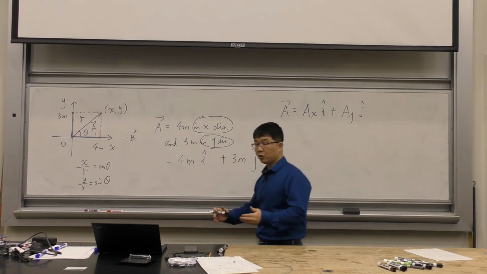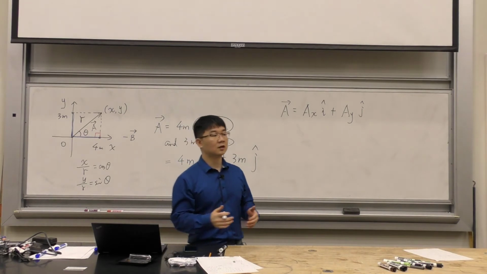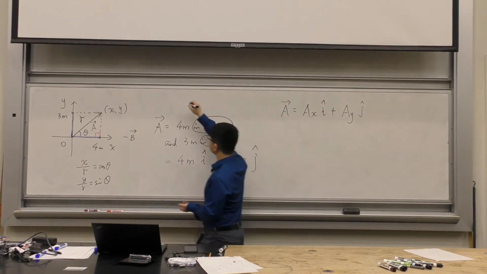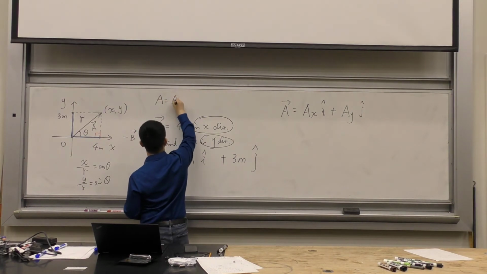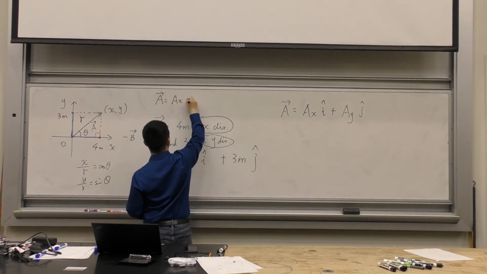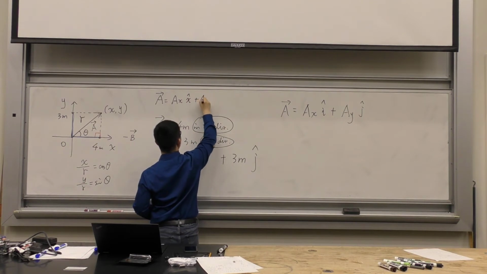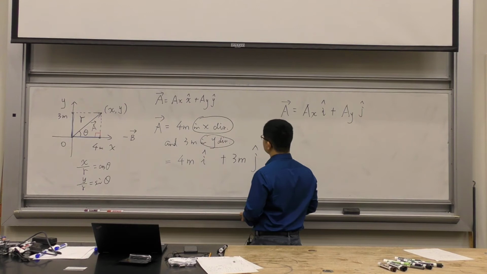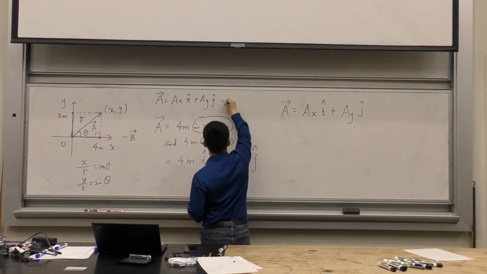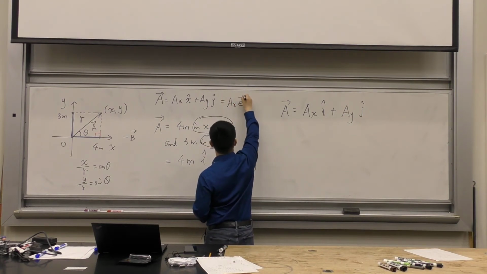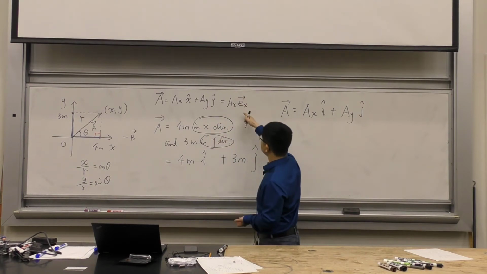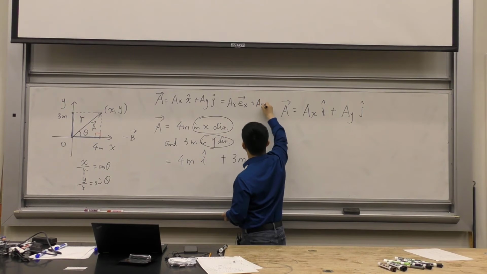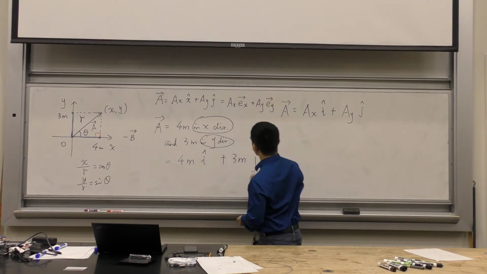Different books use different notations. I've seen notations like this. I've seen x hat and y hat in some books. I've also seen E x with an arrow on top of it, and then E y with an arrow on top of it.